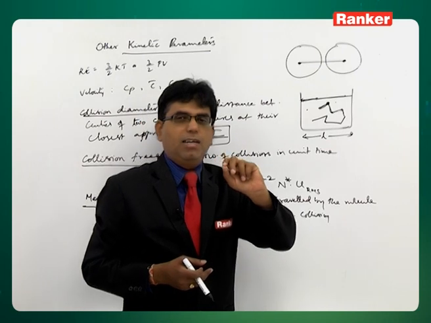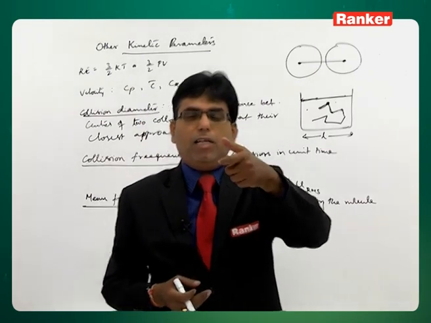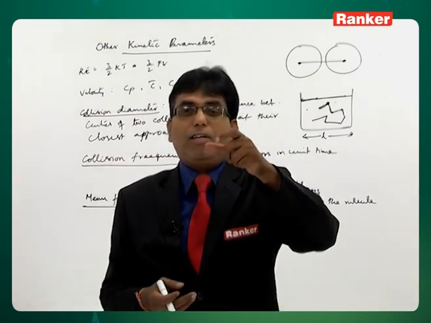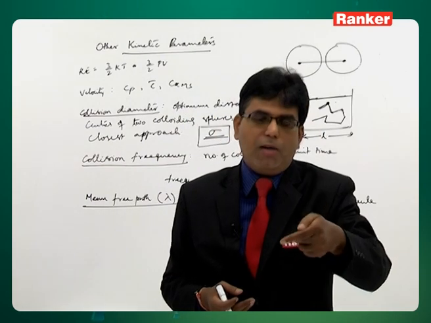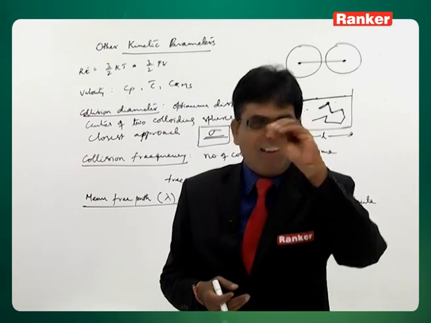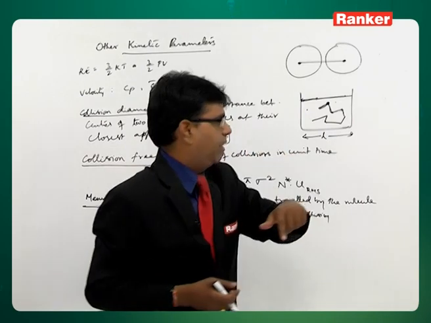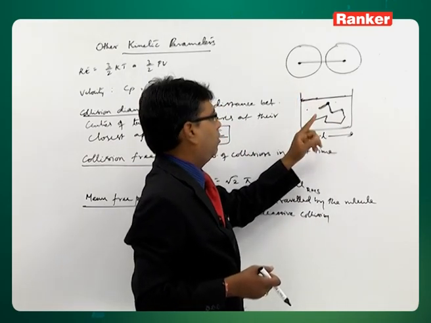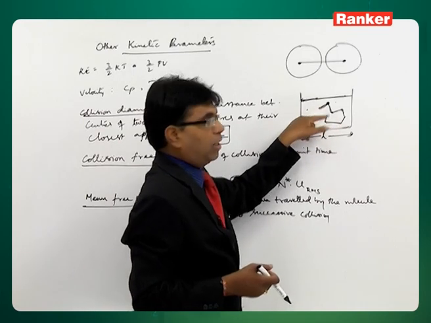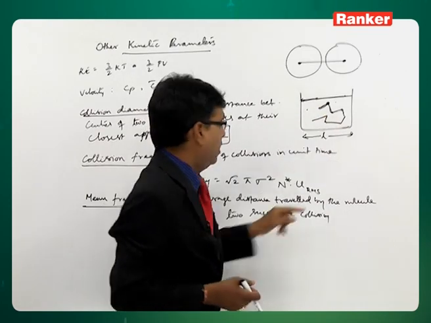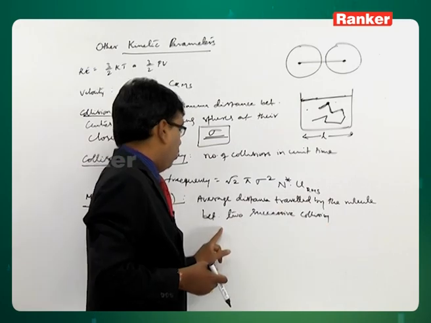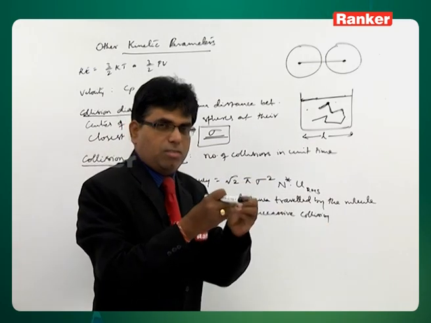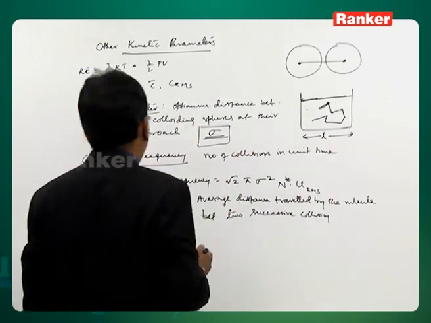So the path travelled by that molecule between two successive collisions on the same wall is 2L centimeter. That was with the wall, but for intermolecular collisions, the average distance travelled by a molecule between two successive collisions is what we call the mean free path.